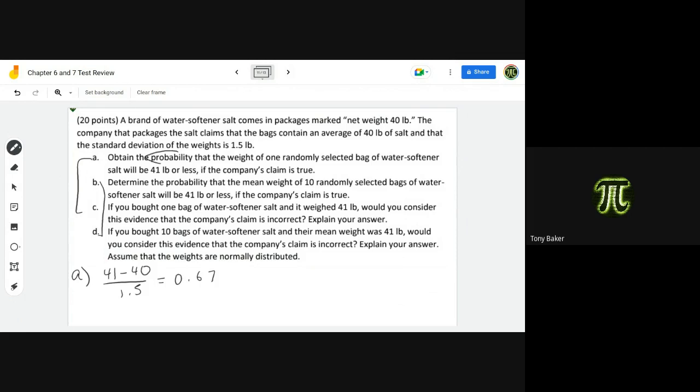Now, it wants the probability that the weight is that or less, which means to the right, so that's a good thing. So I just got to pull up the z-table and find my 0.67.